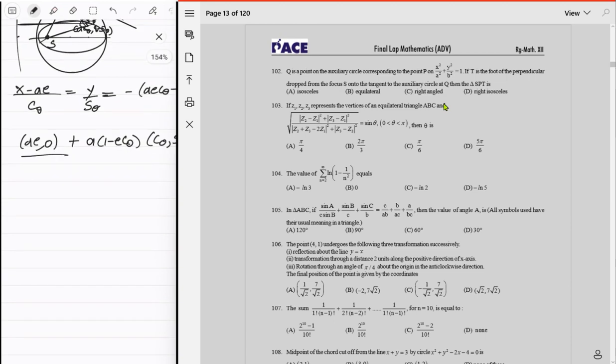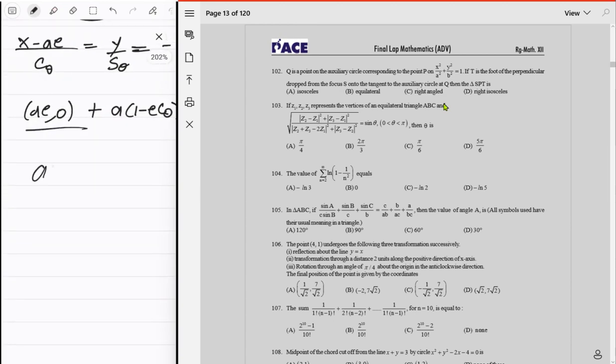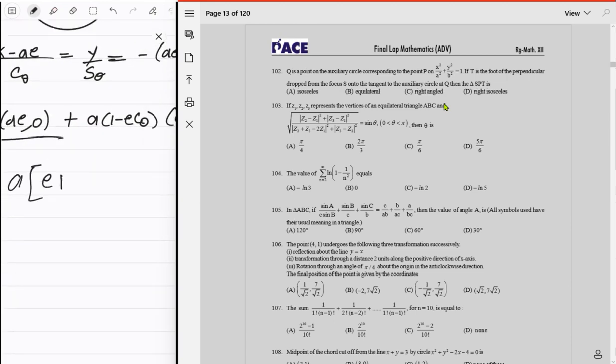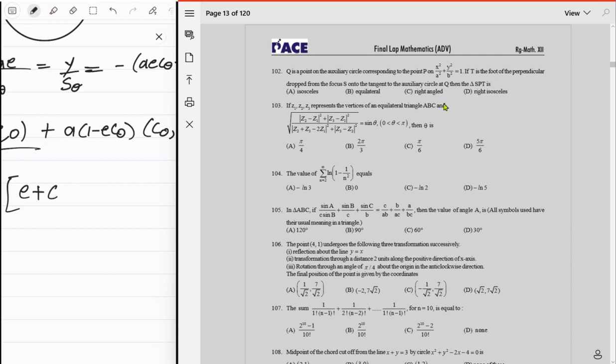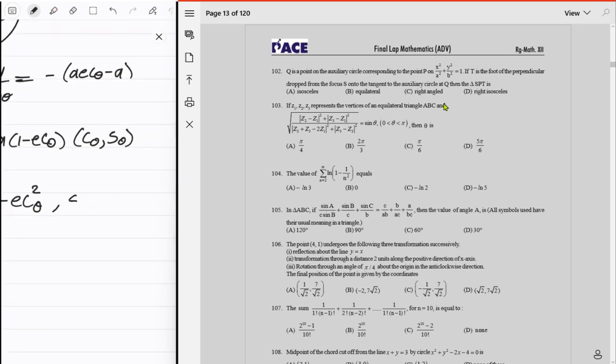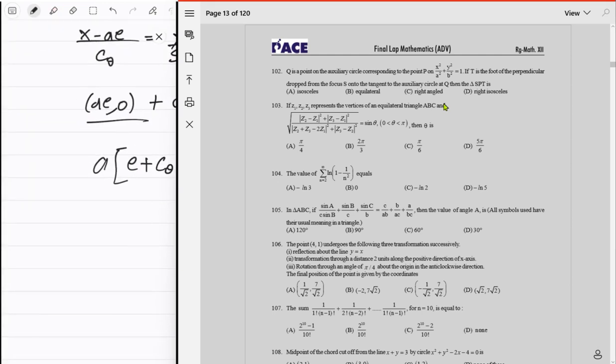Okay, what will this become? Take a common completely. What you get is e plus minus cosine theta times this thing, right? Yeah. So cosine theta minus e cosine square theta, then comma sin theta minus e sin theta cosine theta. That's going to be very long.